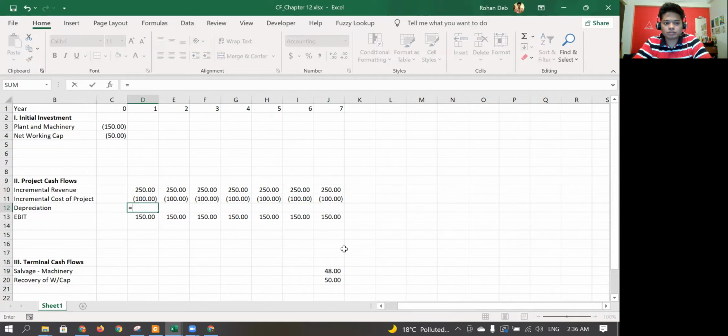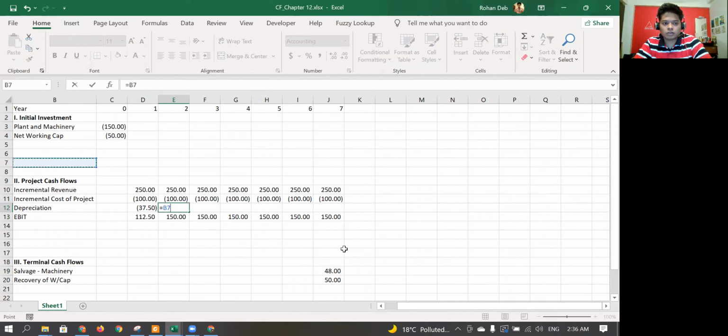You can either add a working note, or otherwise it's basically equal to plant and machinery minus, into 25% is the depreciation.